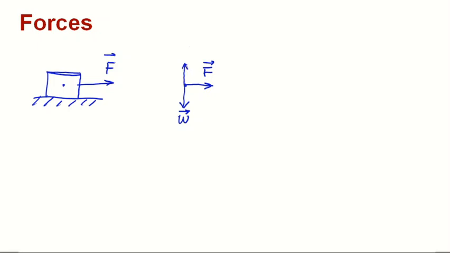Since this block is not going through the floor, the floor has to stop this block from going under, right? So those would be the forces, and this is our free body diagram.